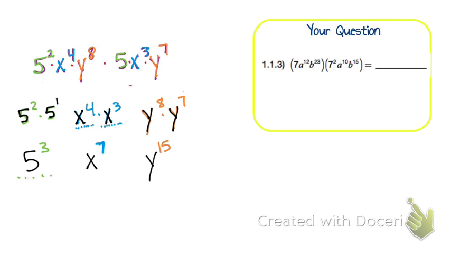We can figure out what 5 to the 3rd is, because we know that is 5 times 5 times 5. We can't do anything with this x to the 7th and y to the 15th because we don't know what x and y are. But 5 to the 3rd is 125. So our answer is 125 times x to the 7th times y to the 15th.